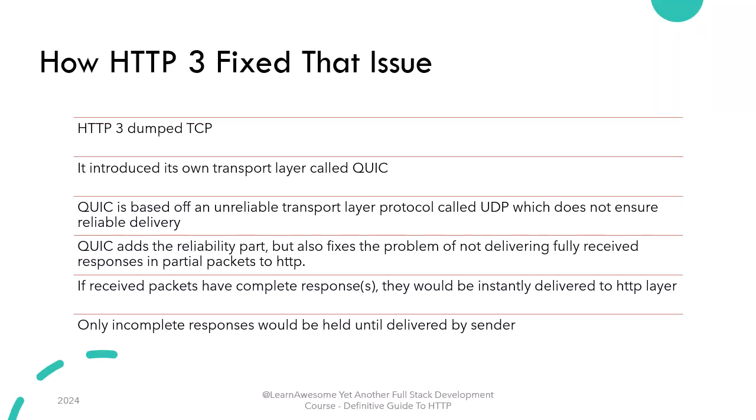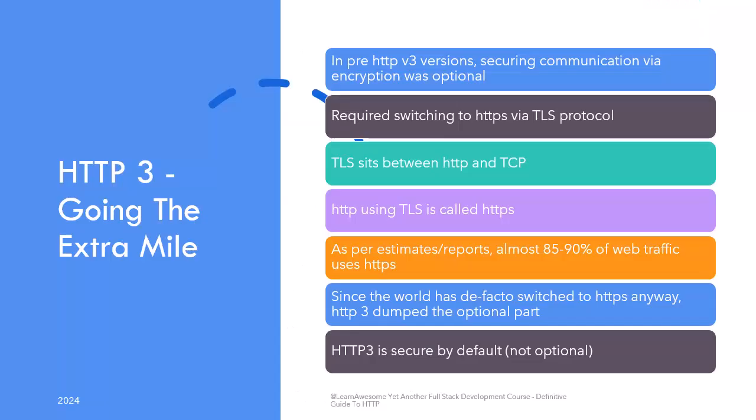To fix that, HTTP 3 shifted away from the reliable TCP layer and adopted another transport layer called QUIC, which uses an unreliable transport layer under the hood called UDP, which does not guarantee missing packets delivery. QUIC handles that part, but it can also deliver the received responses to the HTTP layer as soon as they are available in received packages. Who doesn't like another boost in performance, right?